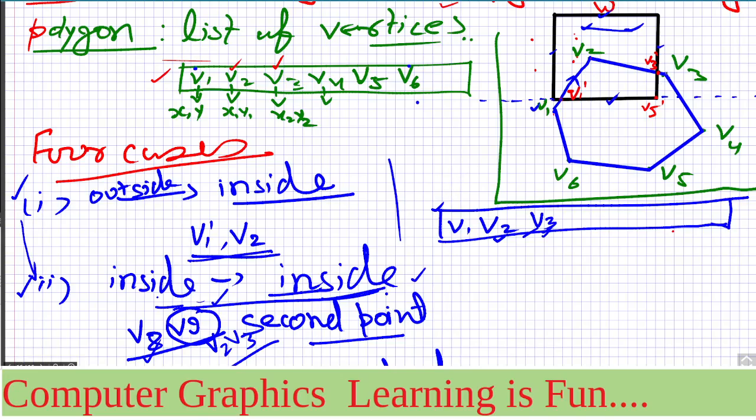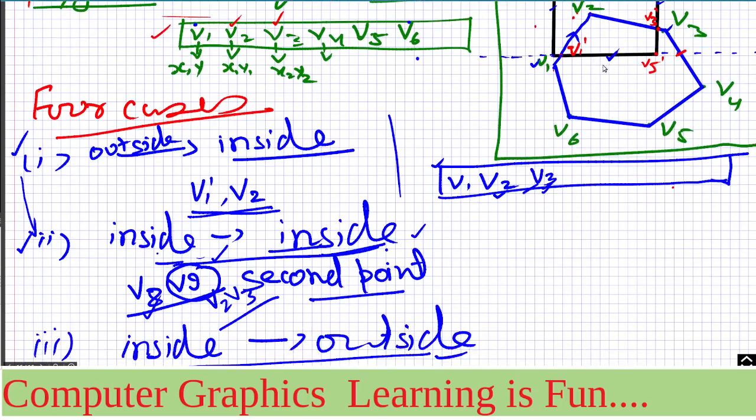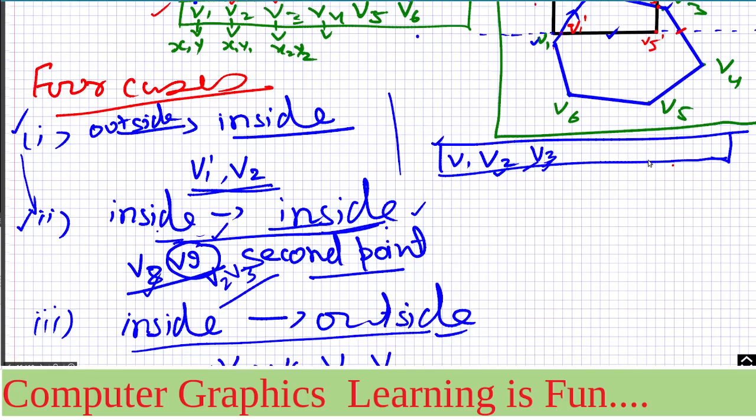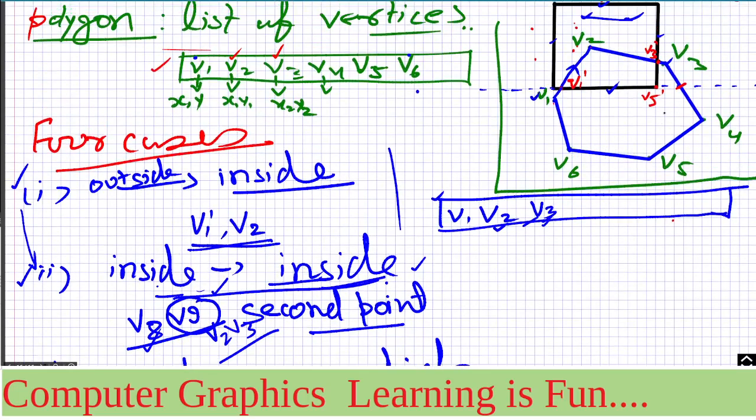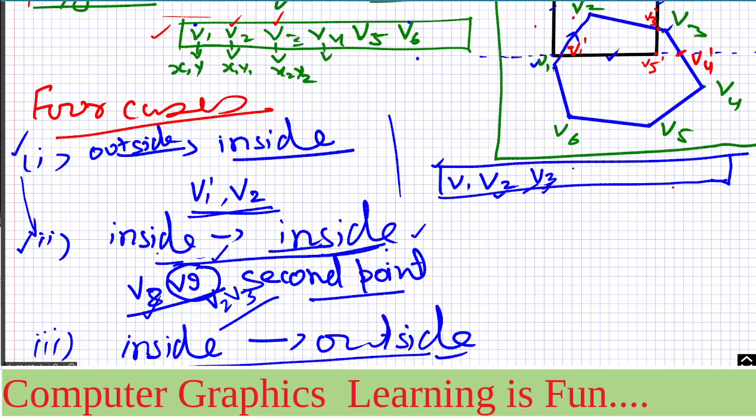In this case, if V3 V4 is crossing the boundary, which means V3 is inside the boundary and V4 is outside the boundary, in that case, whatever the intersection point is, we have to consider this intersection point and store it. Suppose this intersection point is V4 dash. Okay, so we need to keep this V4 dash only in the list.